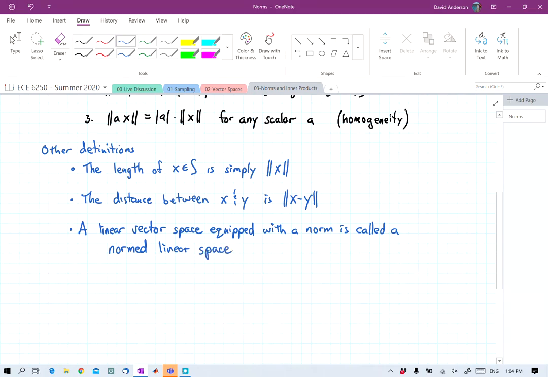So in practice, we don't refer to a normed linear space. I think that's what the course notes say. I usually call it a normed vector space. I think that's kind of more appropriate. So there are a lot of examples in the course notes.